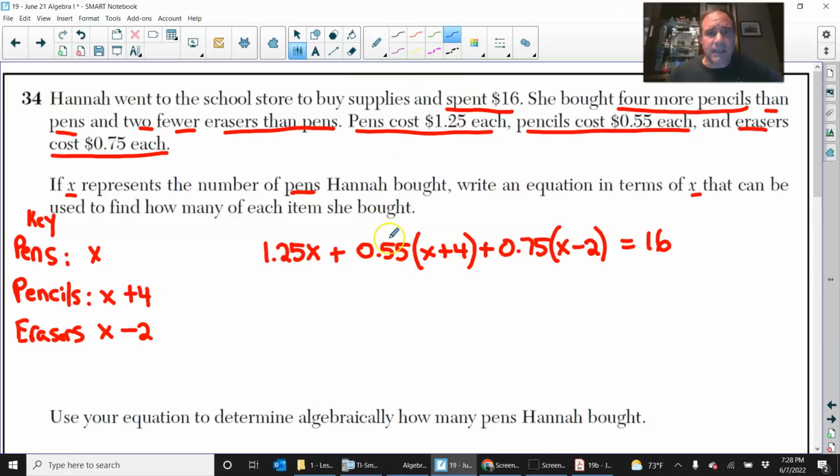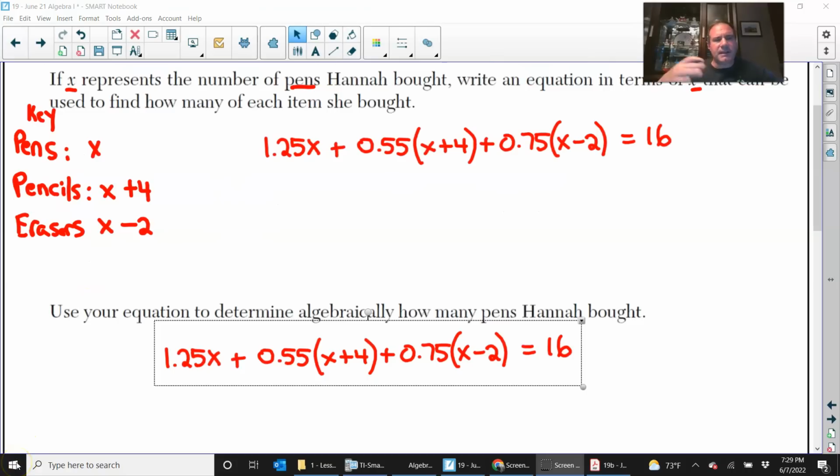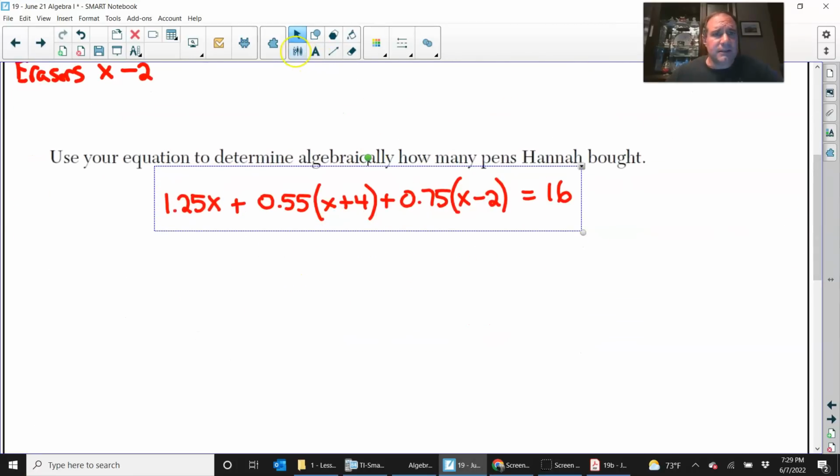So let's go ahead. We're going to have to solve. I'm just going to copy it down there because I need to solve it. It says use your equation to determine algebraically how many pens Hannah bought. So we're just going to go ahead and do distributive property here, and distributive property here.